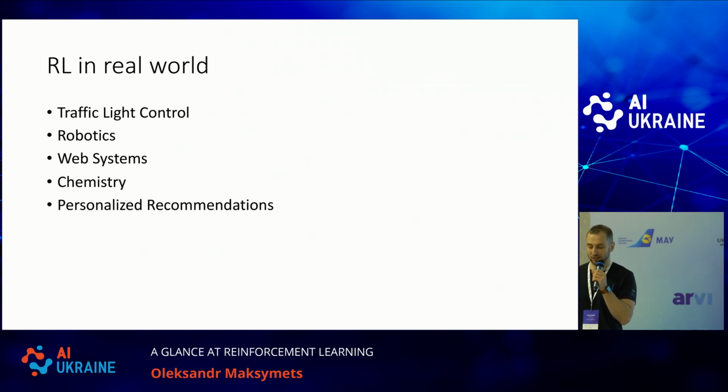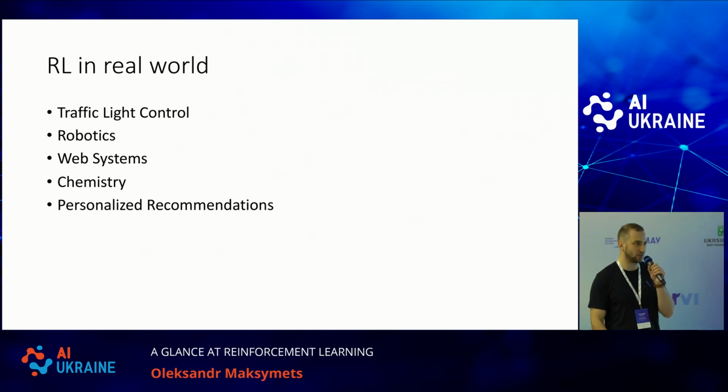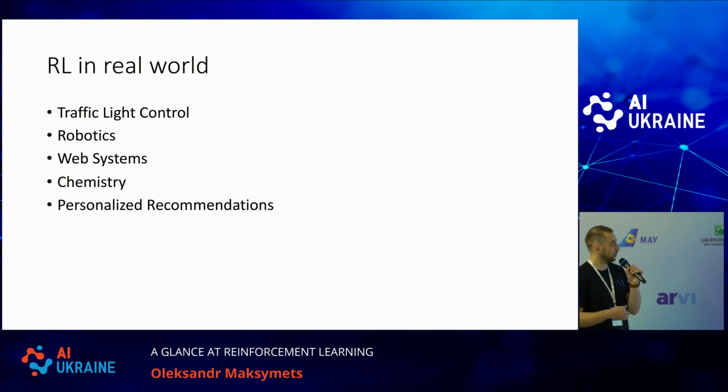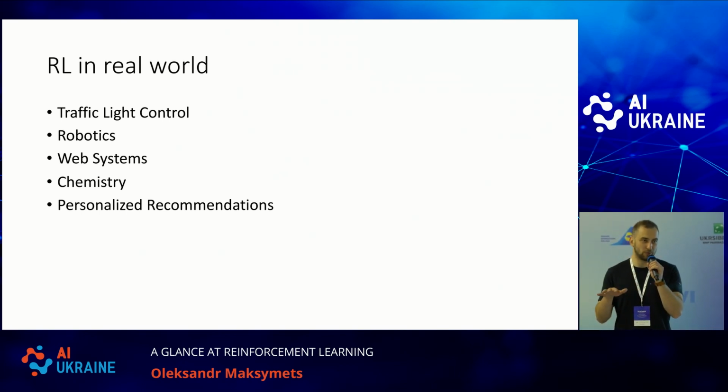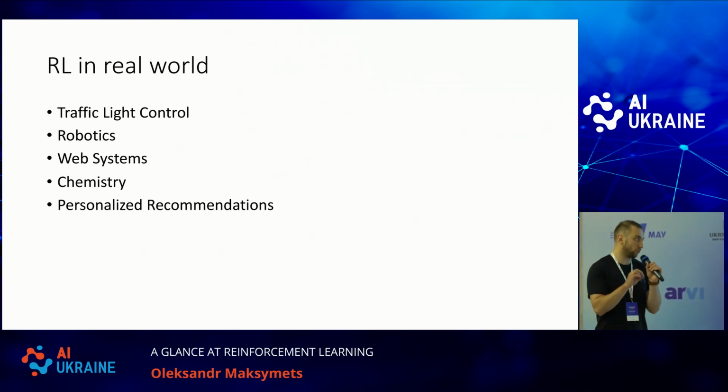One is traffic light control, robotics we already had a talk, web systems where we have parameters that we need to adapt and any full brute force search will not work. Reinforcement learning can help you adapt to the situation. Chemistry, it was also used to find the right proportion of elements to get the best reward.